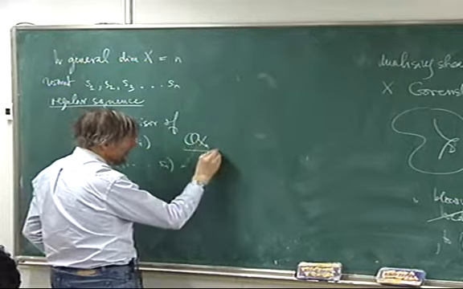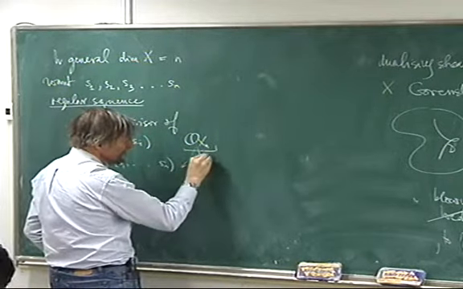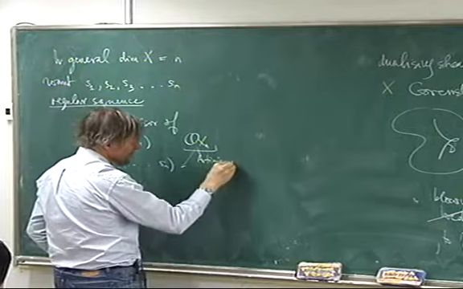I want this to be an Artinian local ring.